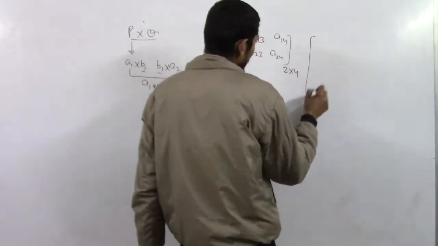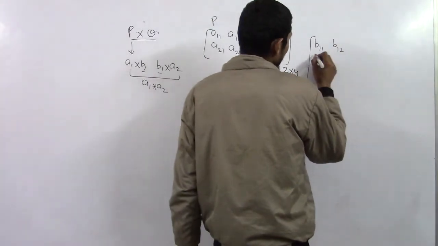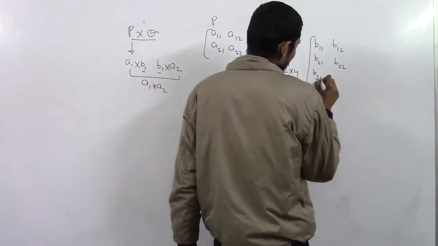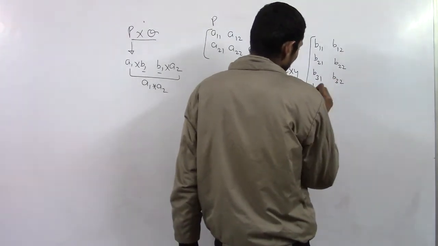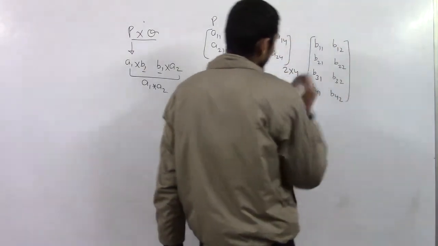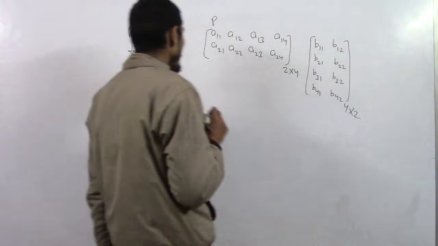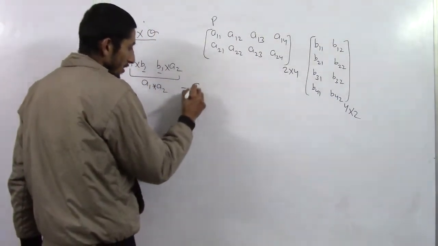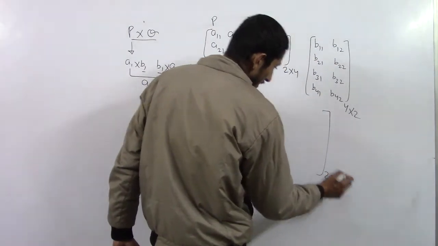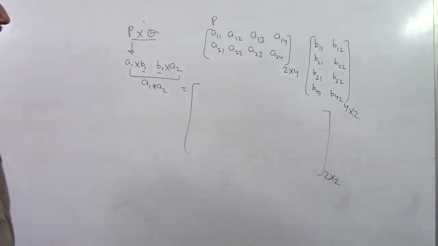And let's say I have a matrix B11, B12, B21, B22, B31, B32 and B41, B42. So the size of this matrix is 4 cross 2. I have a resultant matrix which I will call C, and the size of this matrix will be 2 cross 2.